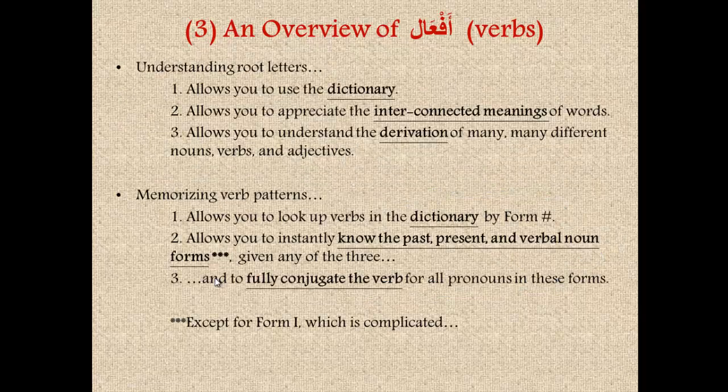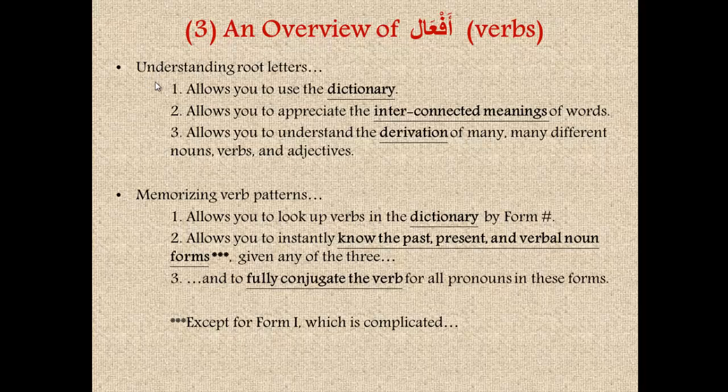So this slide summarizes for you the importance of understanding root letters and the importance of knowing your verb forms, or the awzan. To fully grasp the Arabic language and to fully appreciate its beauty, you have to know how root letters work, and you have to know your verb patterns.